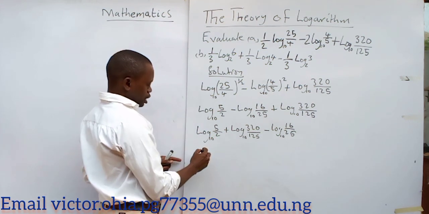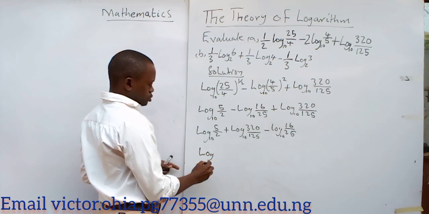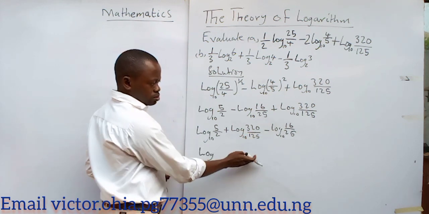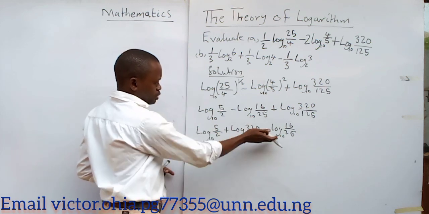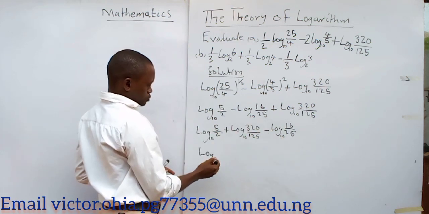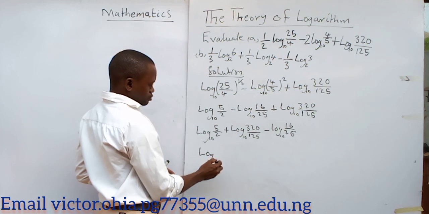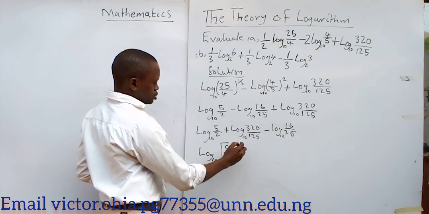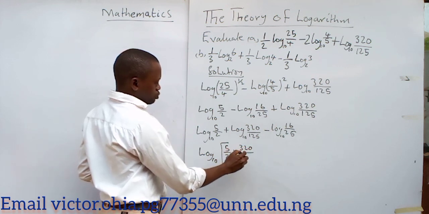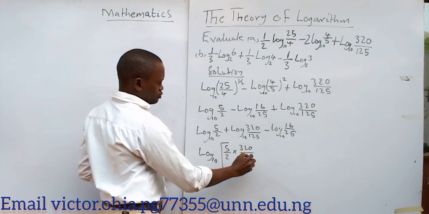Remember, when you are subtracting, you take the quotient, you divide. So log, all in base 10, and inside this big bracket we have 5 over 2 times 320 over 125.